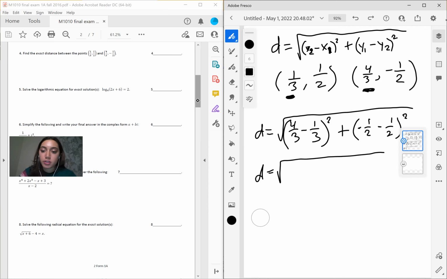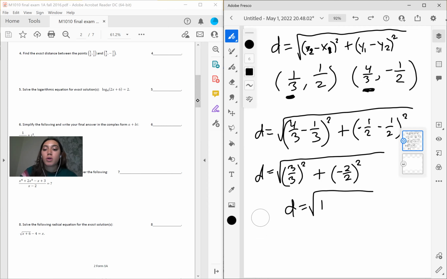All right, so 4/3 minus 1/3 is 3/3. Okay, plus -1/2 minus 1/2 is -2/2. Okay, and then we simplify this. So that's d equals 1 squared plus negative 1 squared. And again, that just gives us 1 minus 1.